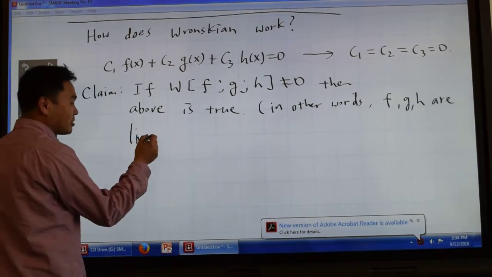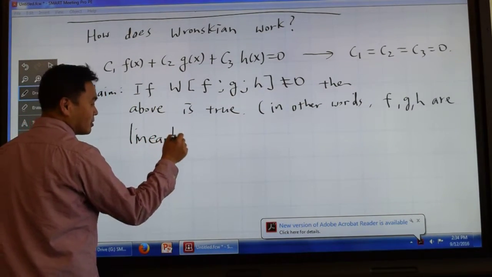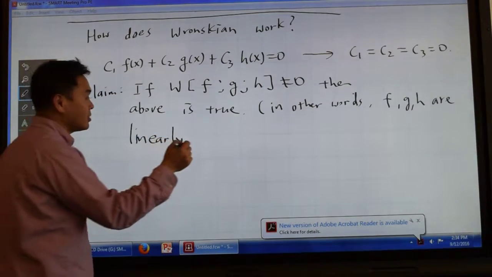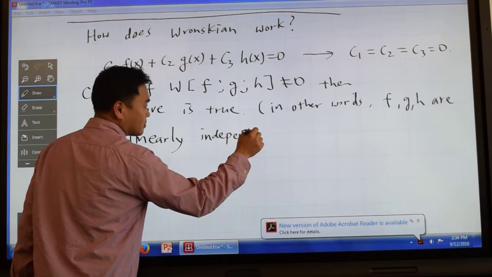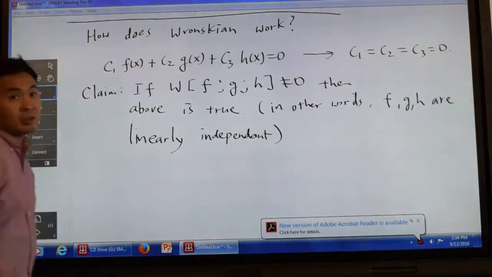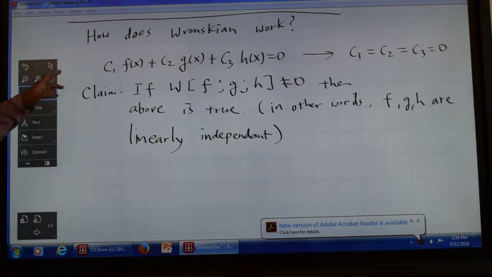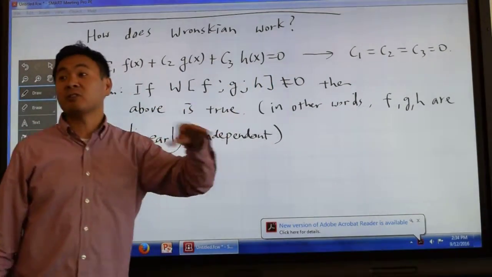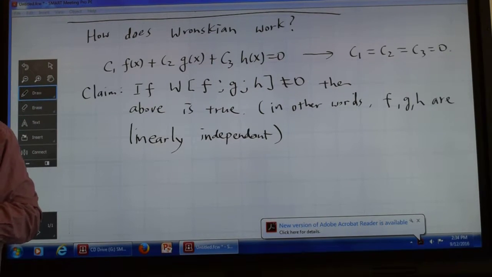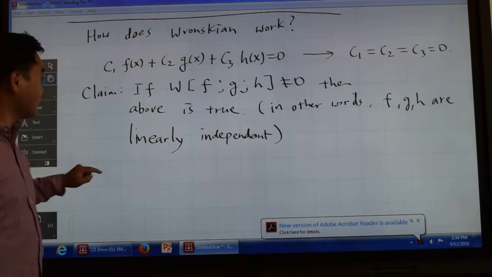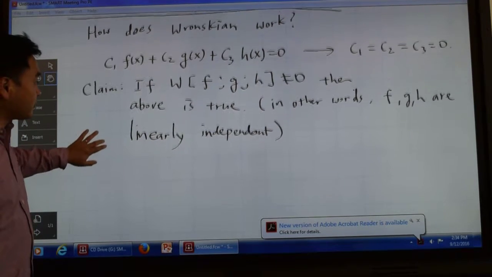Dependent or independent? Independent. I mean, if 0, 0, 0 is the only way you can satisfy this, that means there is no linear relationship among the functions, and they're totally independent from one another. Okay? That's what this is saying.